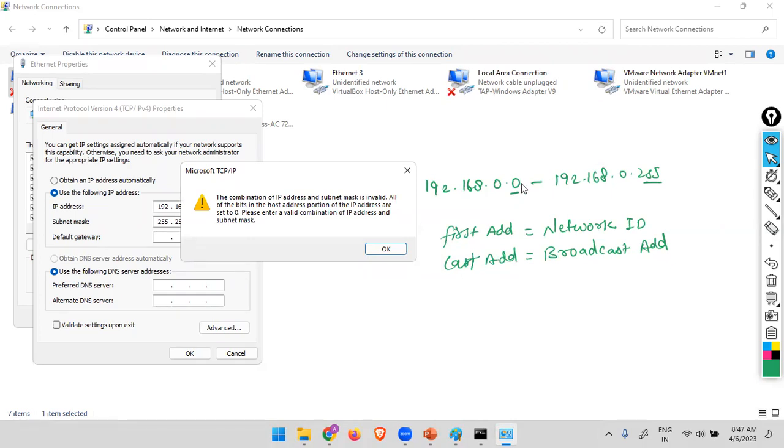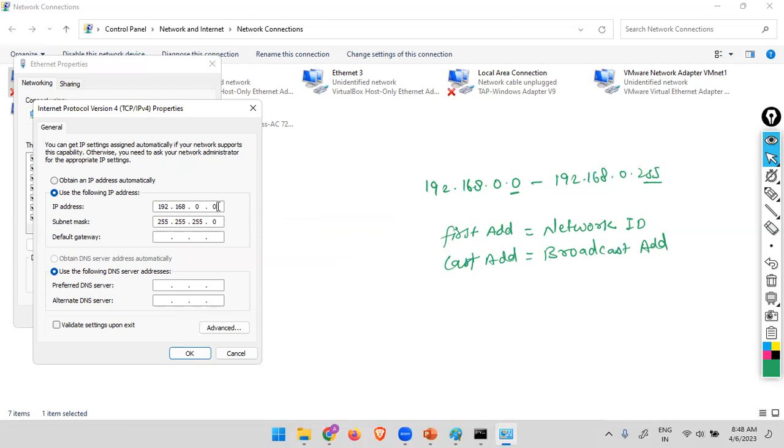The first IP is reserved. Why is it reserved? All of the bits in the host address portion, the 4th octet of the IP address, are set to 0, meaning all the host part is 0. Let me try to use the broadcast address, that is 255.